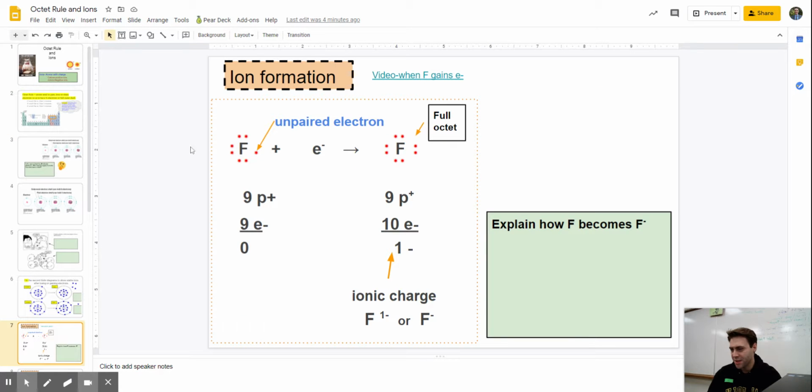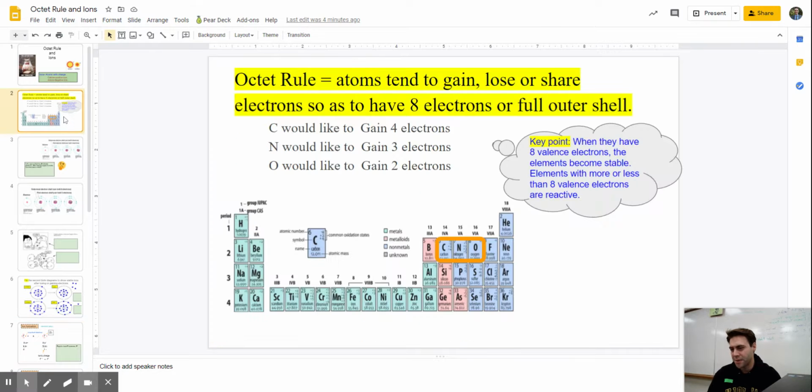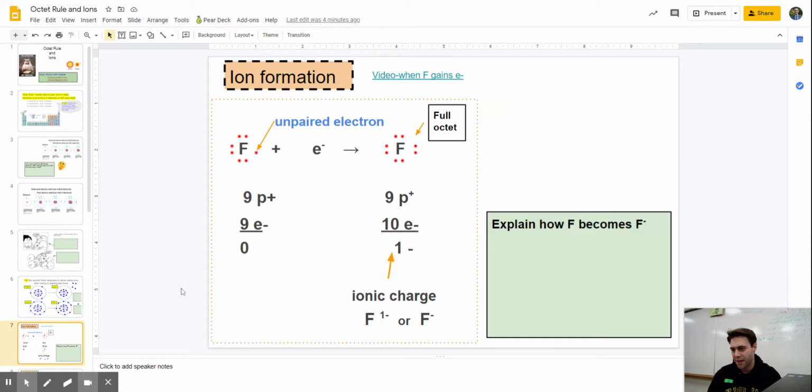All right. So we have our electron dot structure of fluorine. And fluorine wants to be like the next noble gas. And which is the next noble gas? So we go to the right. The next noble gas is, well, it's right next to it. It's neon. Okay, so let's do the electron dot structure just really quick for neon.